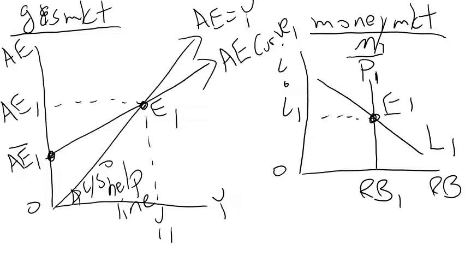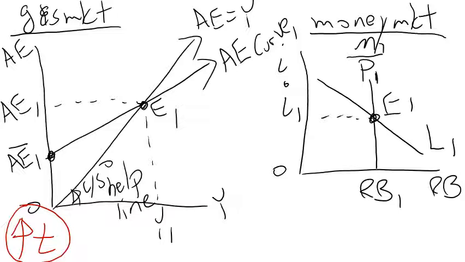The event being an increase in the personal income tax rate. Okay, so question, this event, will it start in the goods and services market or will it start in the money market?